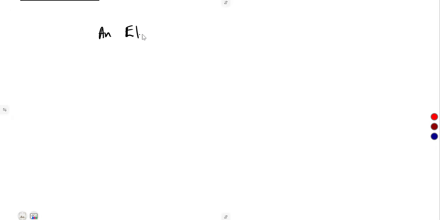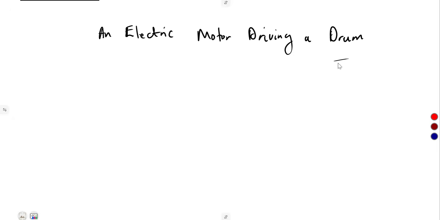An electric motor driving what? A drum. And that's through a reduction gearbox.